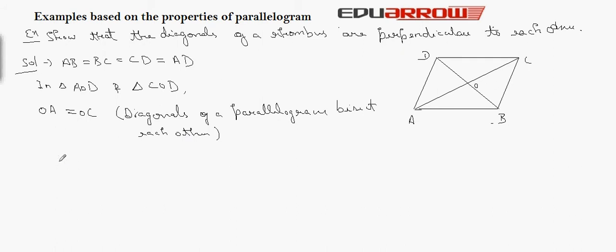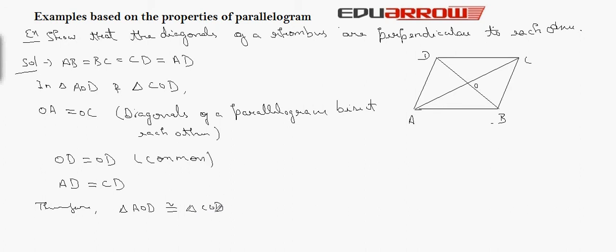Now OD is equal to OD, that is common in both triangles, and AD is equal to CD, as in a rhombus all sides are equal. So therefore triangle AOD is congruent to triangle COD by SSS congruence rule.